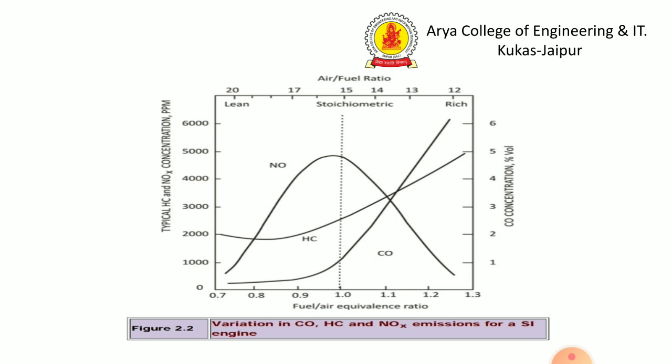As we said, at low fuel equivalence ratio, all the emissions are at a low level, but when we reach an equivalence ratio of 1, or the stoichiometric ratio, the NOx emissions are rising, the HC emissions are rising, and the CO emissions are also rising.